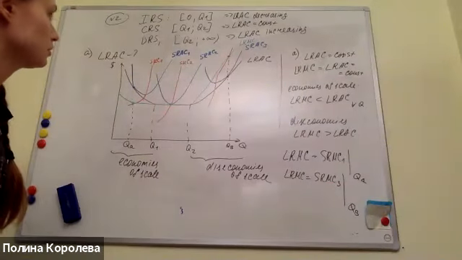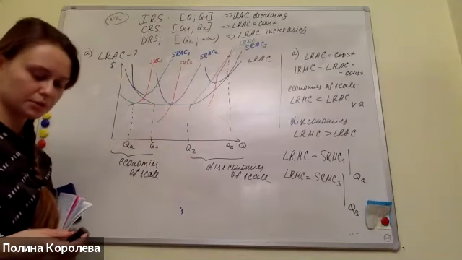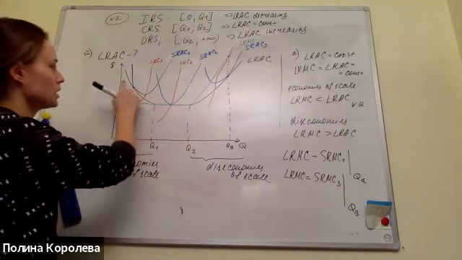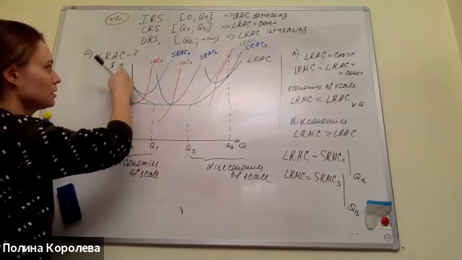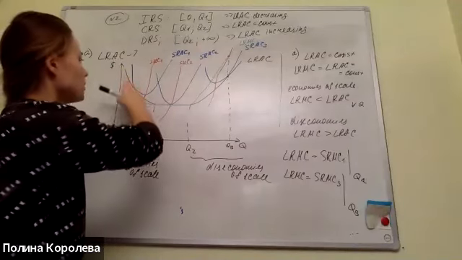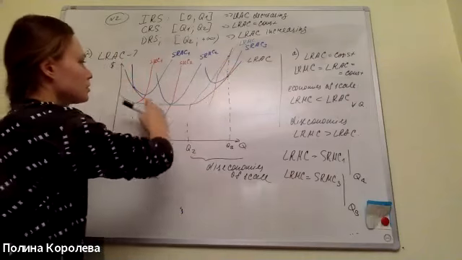Why is it so? Because in the long run, we have a lot of time to change all our resources, and we take the minimum. Yes, we take the lower envelope of all short-run average cost functions.